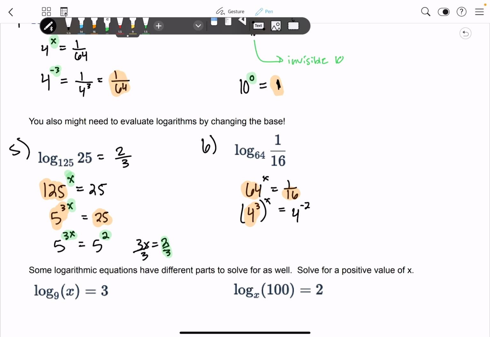So now we can set our exponents equal to each other. 4 to the third raised to the x power equals 4 to the 3x. So we are setting those exponents equal to each other to figure out what our log is equal to. And in this case, it's negative 2/3, so even weirder than our last one.